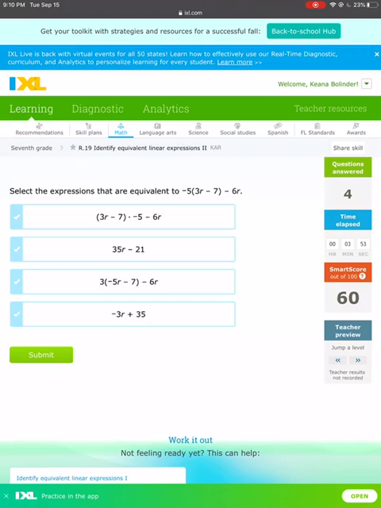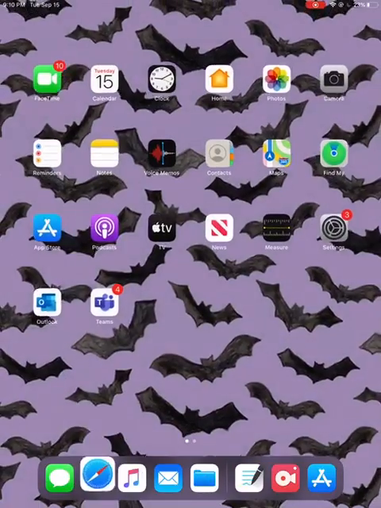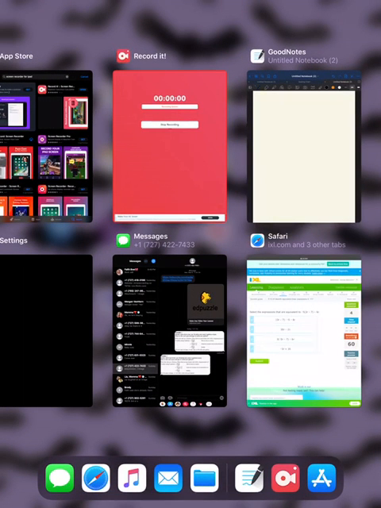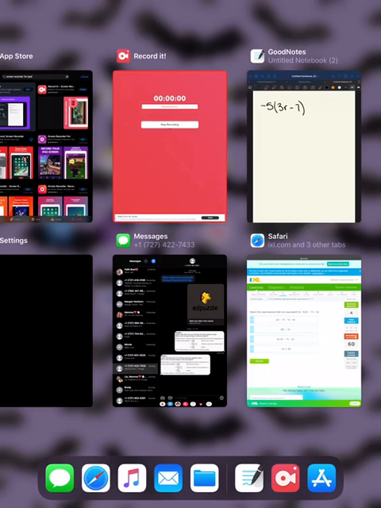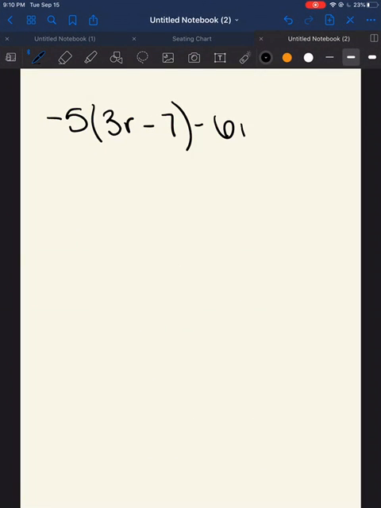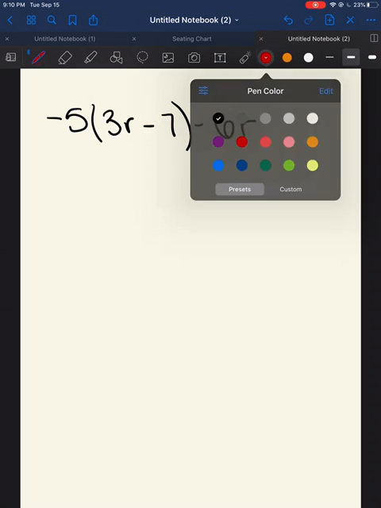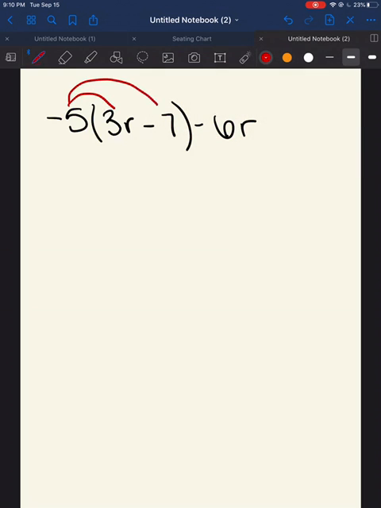Okay, last one here. We have -5 times the quantity of 3r minus 7, minus 6r. So let's start with that. I'll go to a different page here. Okay, so this is where I need to distribute my -5 in, okay?